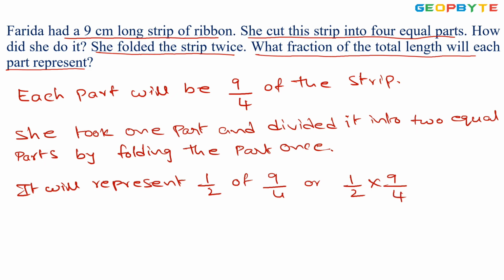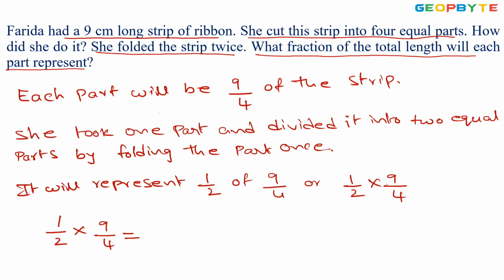So why are we writing 1 by 2 of 9 by 4? Because she took one part from the strip and she divided it into two equal parts. So that's why 1 by 2 of 9 by 4, so 1 by 2 into 9 by 4.